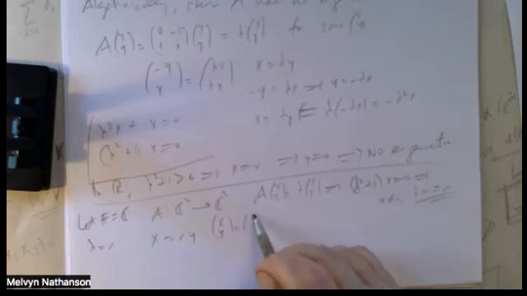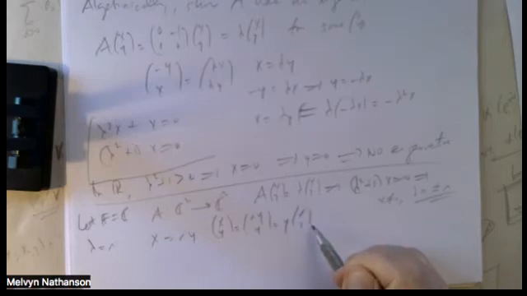So there are two possible eigenvalues. If we choose lambda equal to i, then x is i times y. So (x, y) is (iy, y), or y times (i, 1). So (i, 1) is an eigenvector with eigenvalue i.